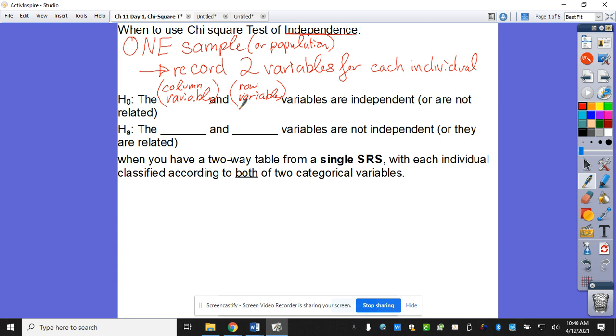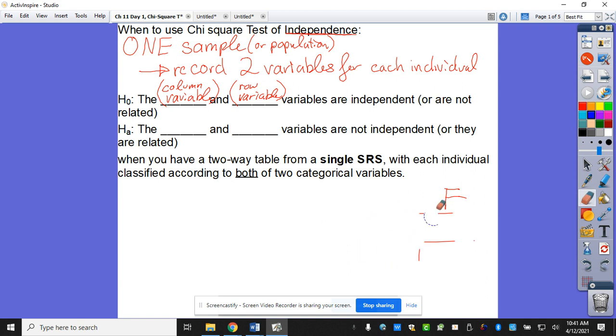The way I had it here, one of our variables was gender and one of our variables is grade level. It doesn't really matter if you say the grade level and gender variables, or whichever opposite way I said it. It doesn't really matter about that part.